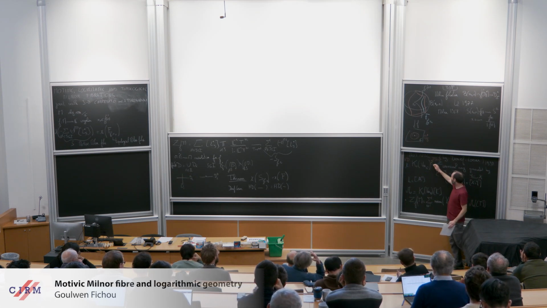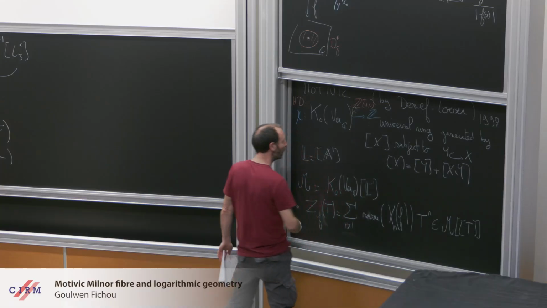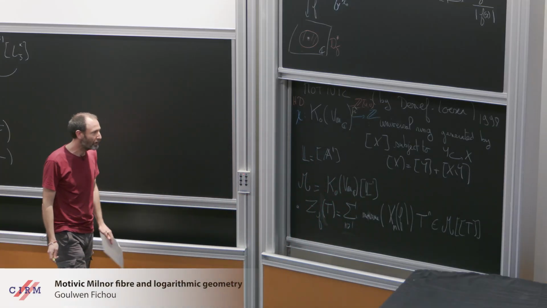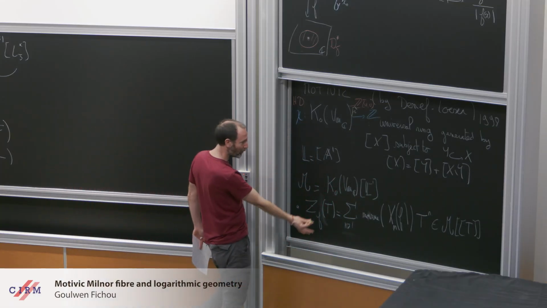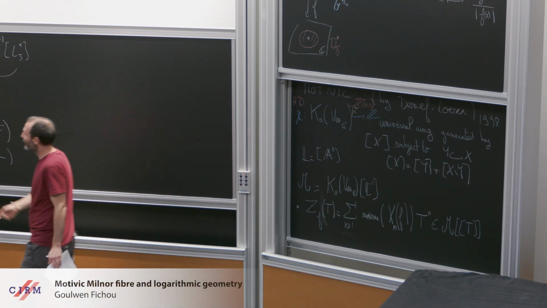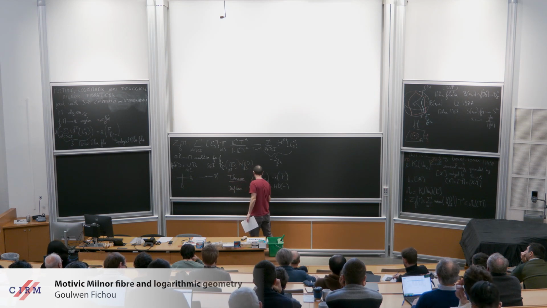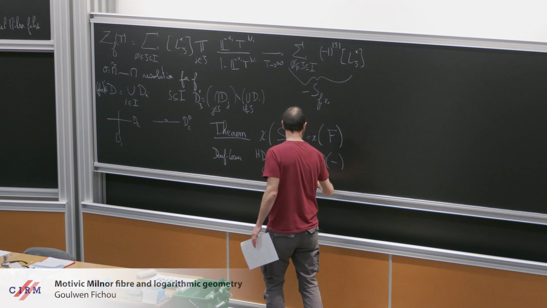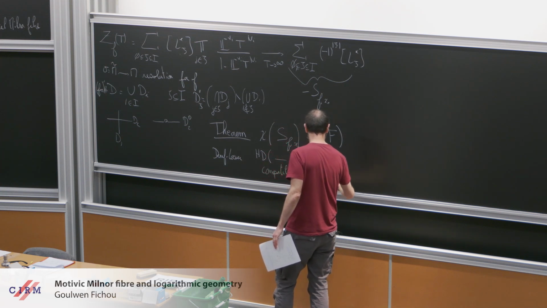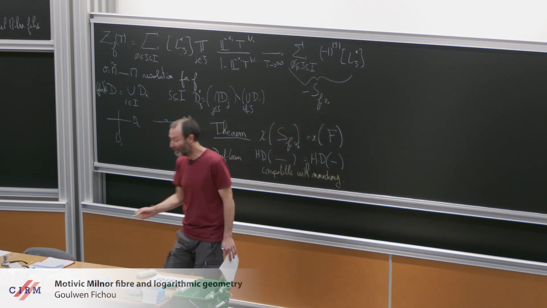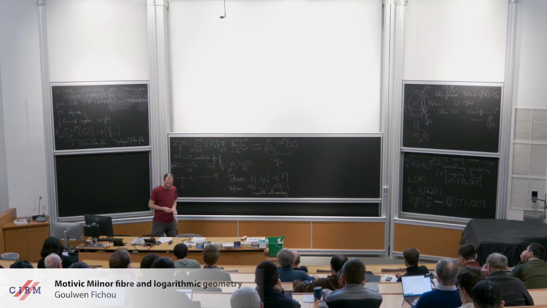So you can take into account monodromy by adding some action everywhere in this story. And then this is also compatible with monodromy. But just for simplicity, let me completely avoid monodromy in this talk. Almost completely, at least.